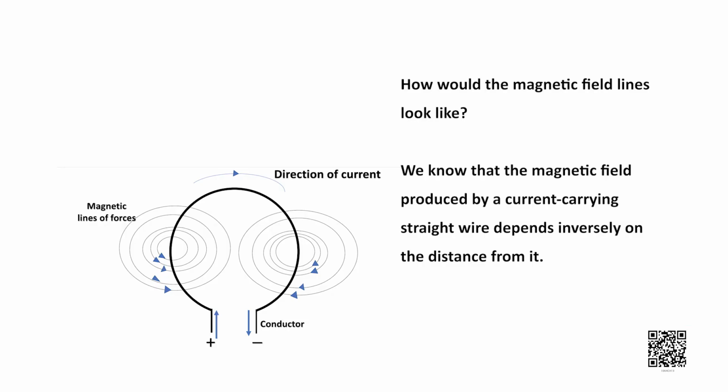We have so far observed the pattern of magnetic field lines produced around a current carrying straight wire. Suppose the straight wire is bent in the form of a circular loop and a current is passed through it. How would the magnetic field lines look like? We know that the magnetic field produced by a current carrying straight wire depends inversely on the distance from it.